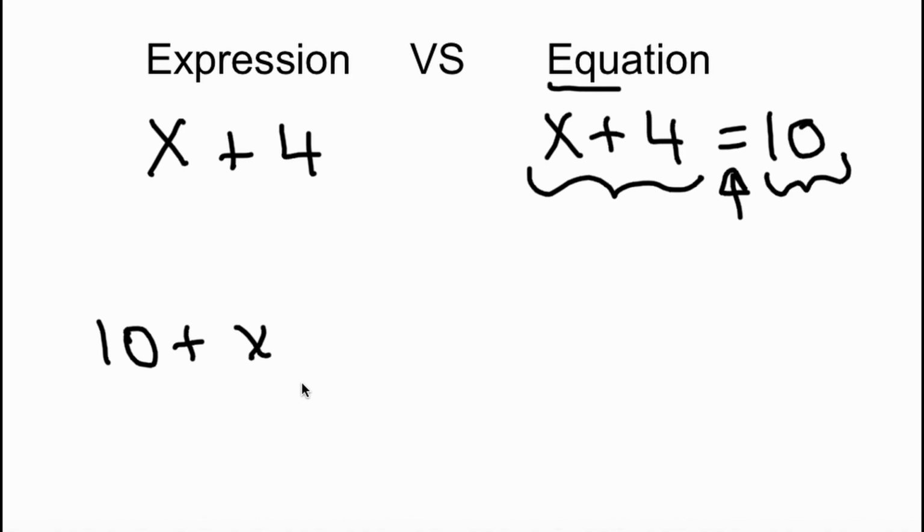Okay? And I could keep on adding more and more, or let's say we subtract 5. Now this expression has three terms, the 10, the x, and the 5. It is still an expression, and it is an algebraic expression because it has the x in the middle.